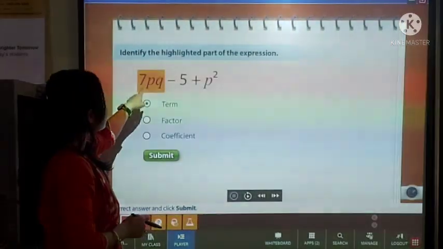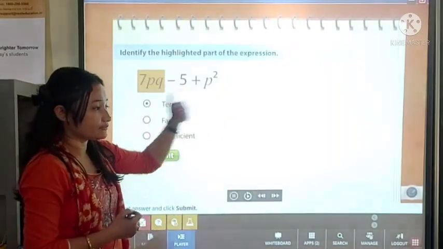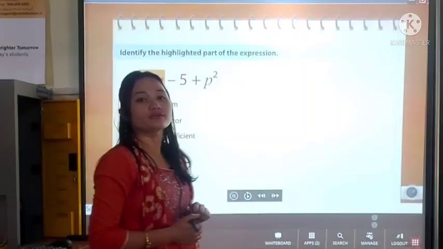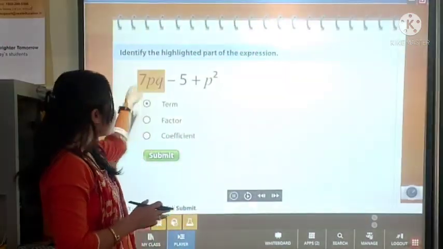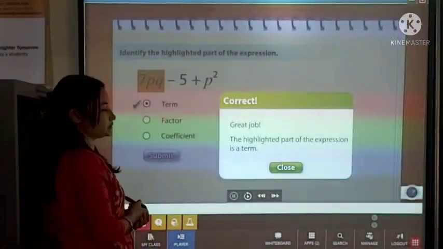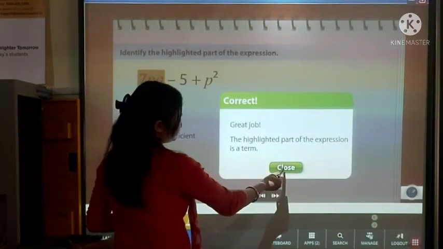Easily we can say it is a term, because the definition of term I had already given: a term is a part of an expression, and this 7p cube is a part of an expression. So this is obviously a term. The answer is term.